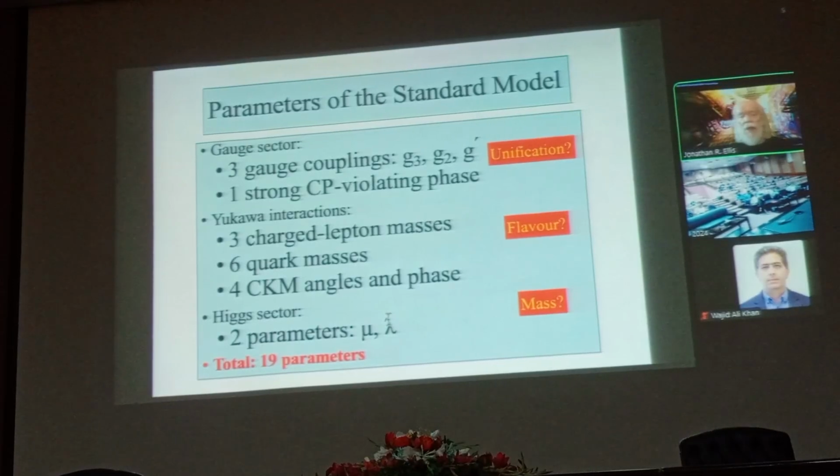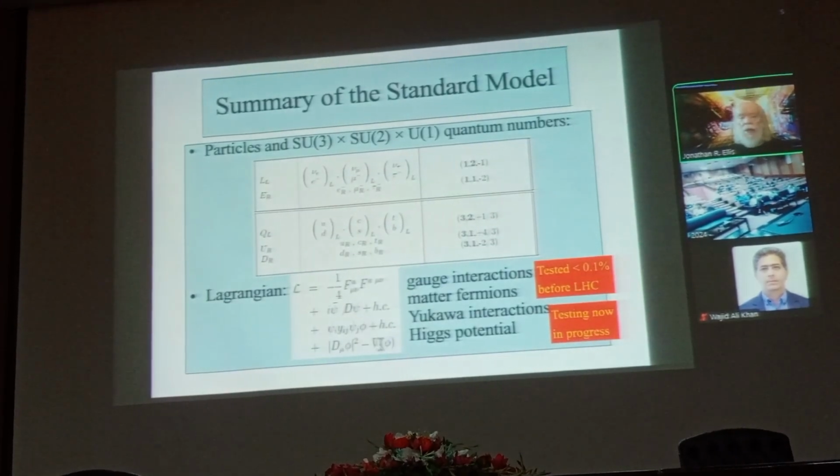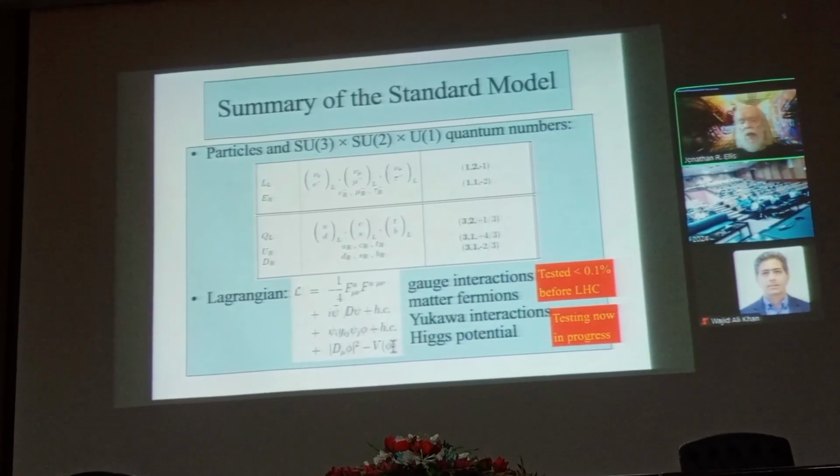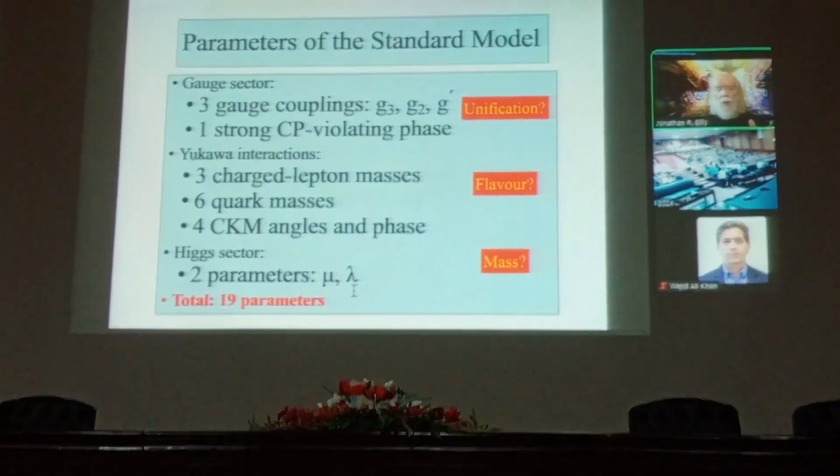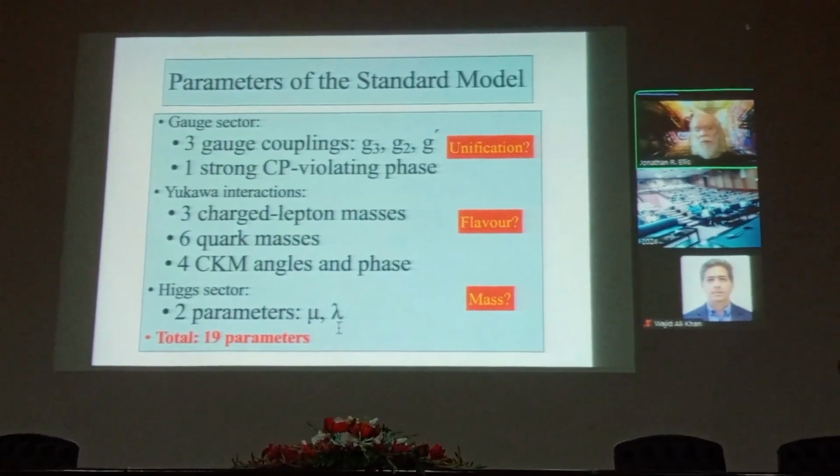And then the Higgs sector of the theory, which is contained down here, the Higgs potential, has two parameters which I've already introduced. There's a mass parameter mu and a quartic interaction parameter lambda.